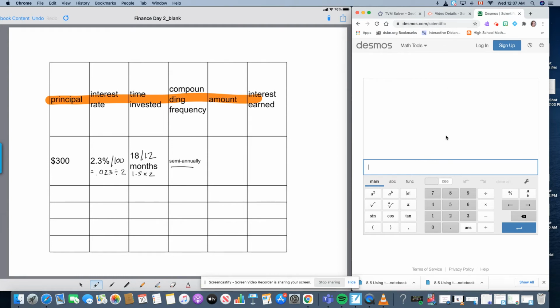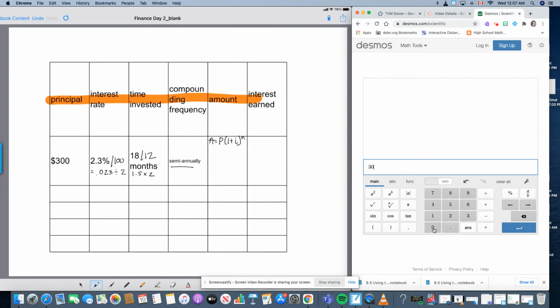So we know this formula is going to be A equals P times 1 plus i to the nth power. We've luckily already figured out what these look like, but I'm going to put it in this calculator so you can see.